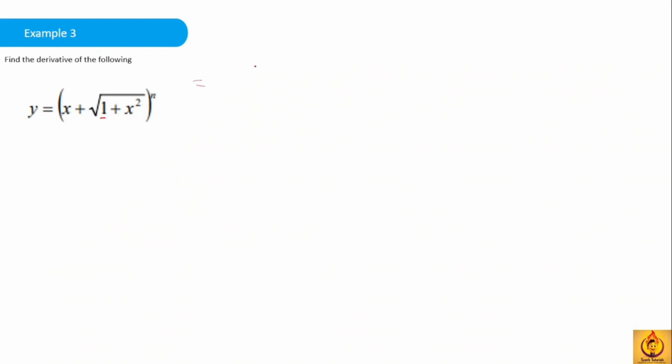So to simplify this, we can express it as f of x to the power n as it's given here, right? And then our f of x is defined by a sum of two terms. So we have a sum rule, right? But the second term has a rule as well, because the second term is in a third form such that it's a function inside another function.